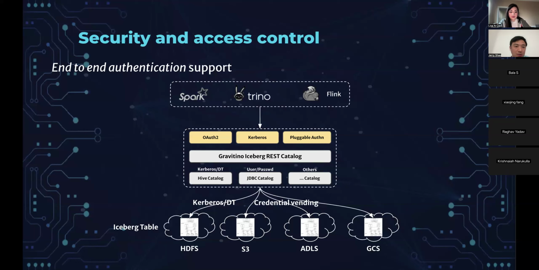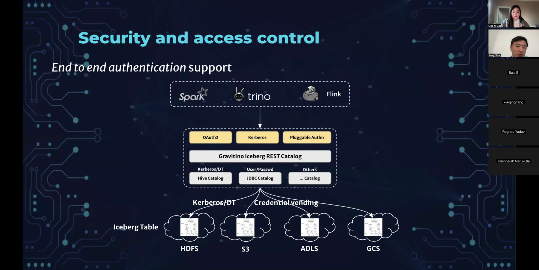And on cloud storage, we provide a more convenient way, which is called credential vending. This is a mechanism which lets Gravitino IRC get tokens for you to access the table.